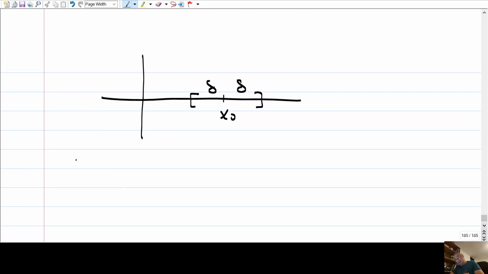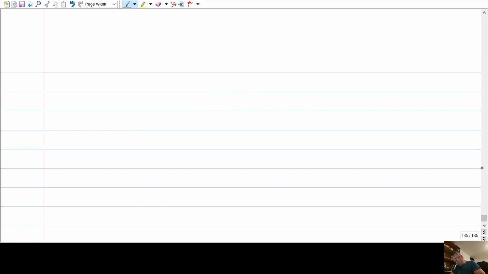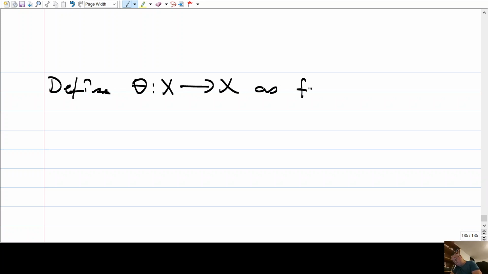We will see the following. You see, define theta from X to X as follows.